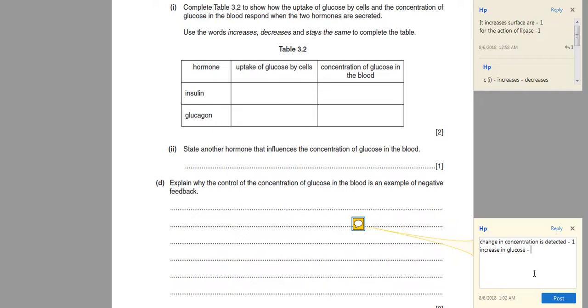You are going to talk about insulin, that insulin converts glucose into glycogen. Remember that glucose is a small soluble molecule, while glycogen is a large insoluble molecule.